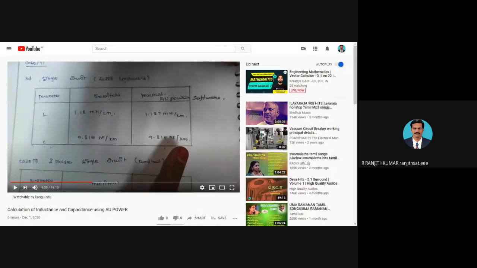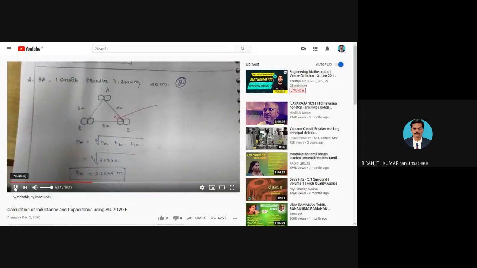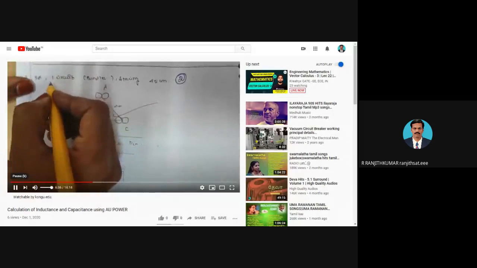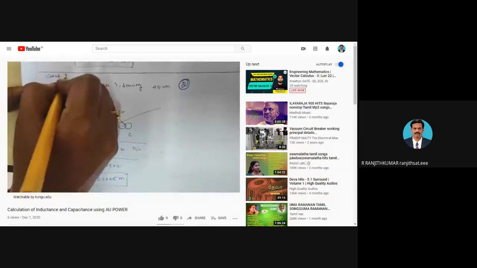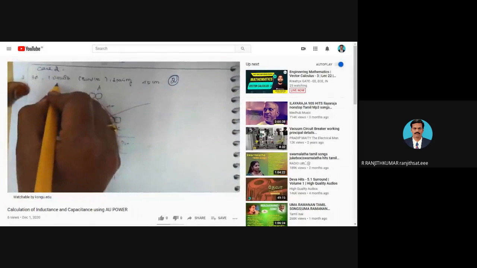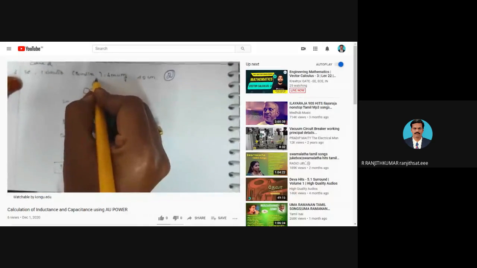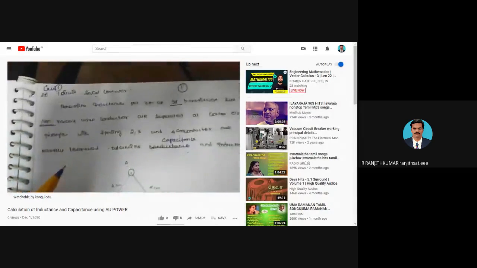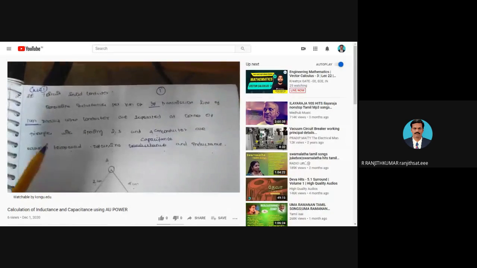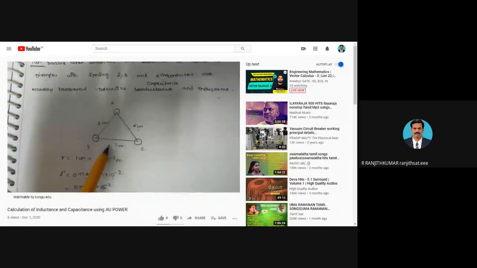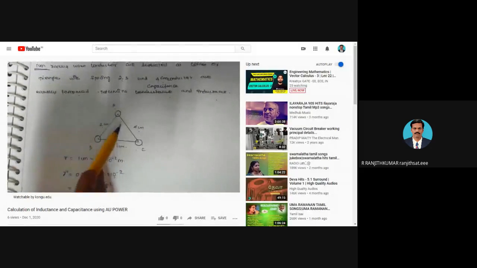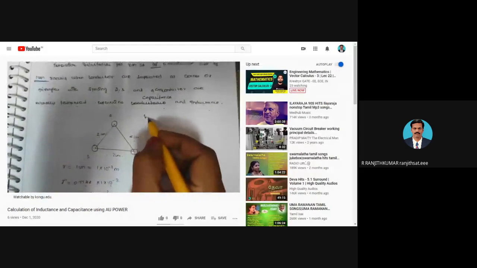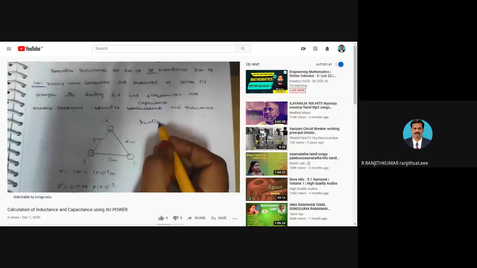Yes, ma'am, we can go to the next question. Going to your case 2. Case 2 is a 3-phase single circuit bundled conductor. We are going to use the same question we discussed for the solid conductor, with the same diagram. The only difference is that instead of the solid conductor, I am going to use a bundled conductor.